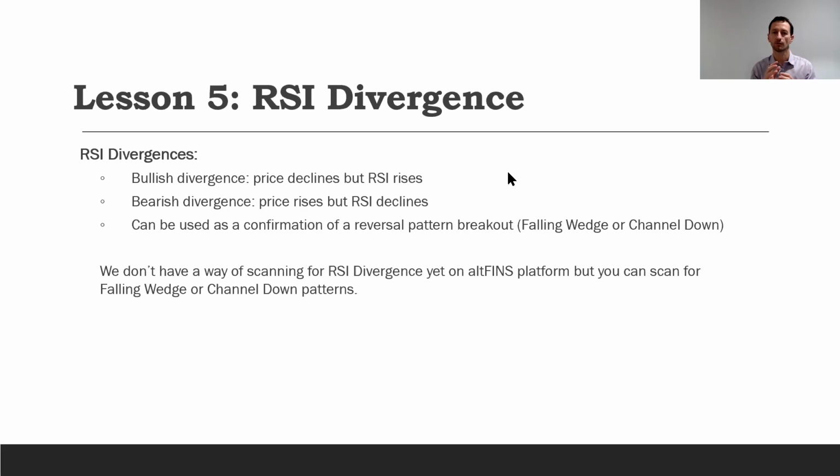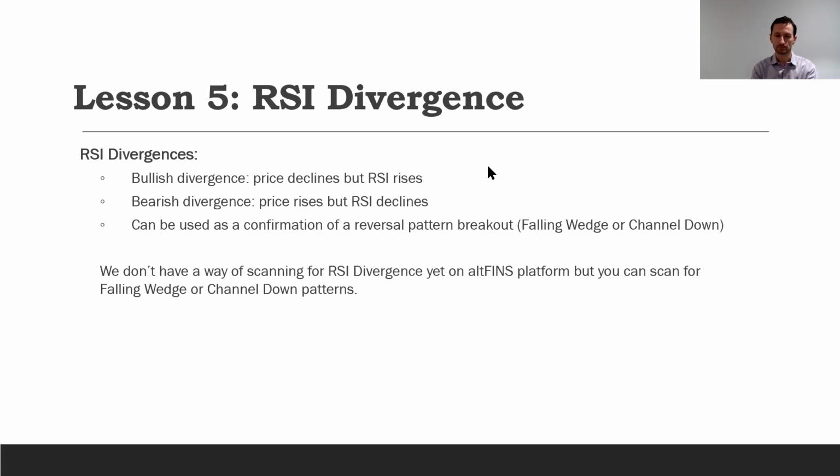You need a confluence of a few indicators, not too many, because then you get analysis paralysis. You need a few in your strategy, and you stick with them. So RSI divergence is not typically used as the only signal, but as a confirmation of another event that took place.